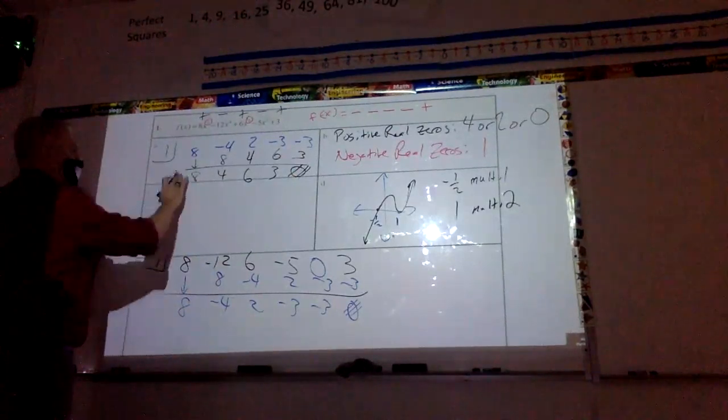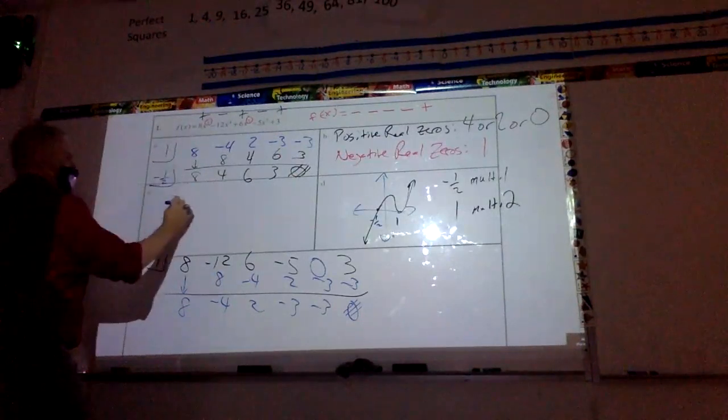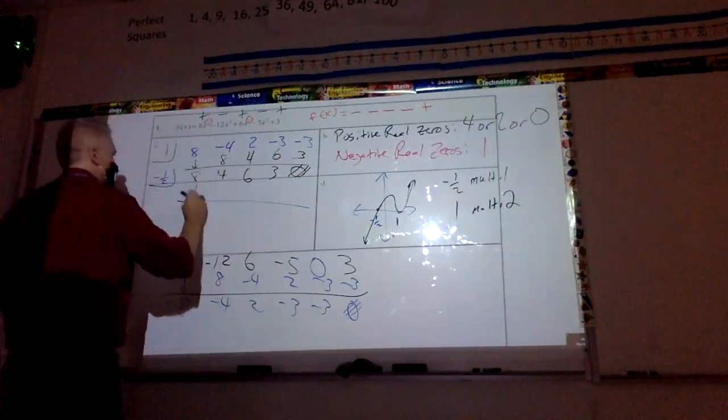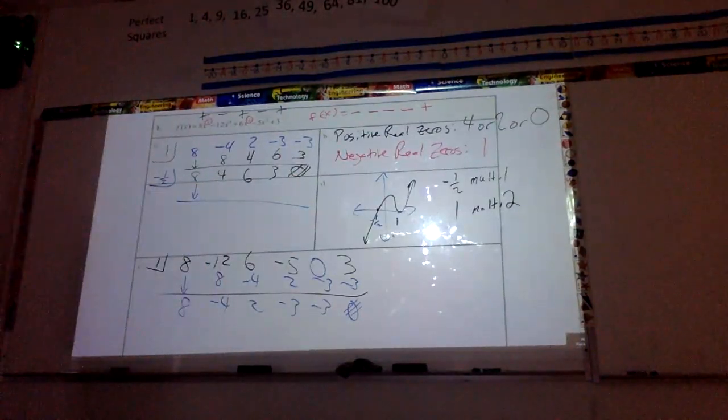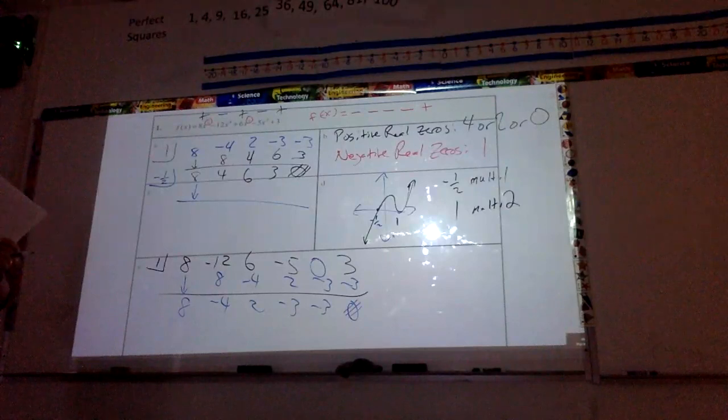My last 0 that we know is a negative 1/2, which has a multiplicity of 1. Okay. What's this one? You're the only one that wants it?